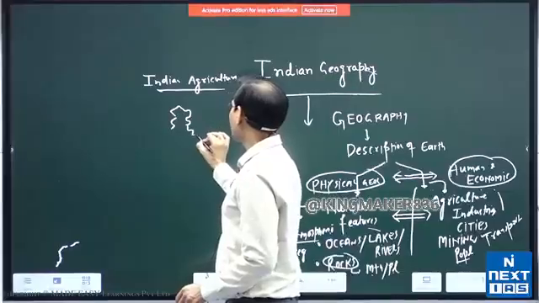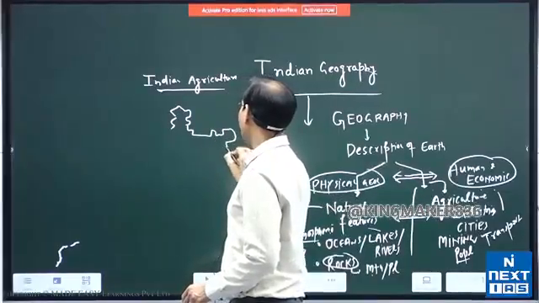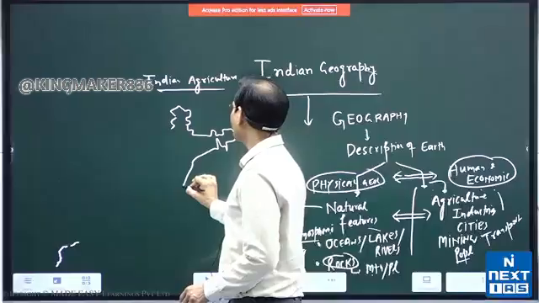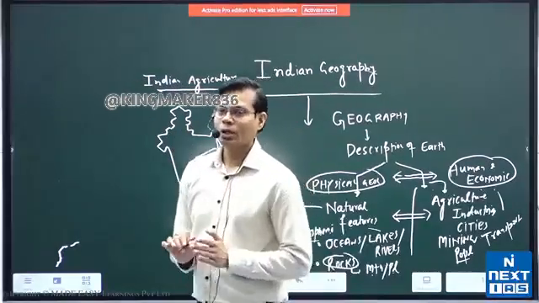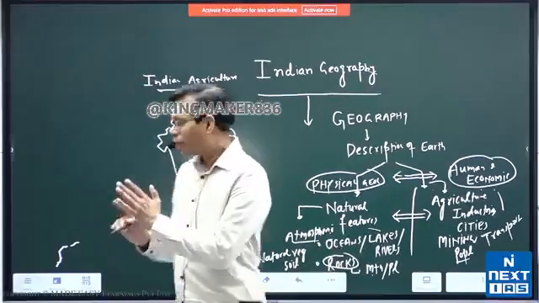So the map is a very important part of geography. Diagrammatic way, flow chart. One habit through geography, a diagrammatic way. In a diagram or map, visibility is more.